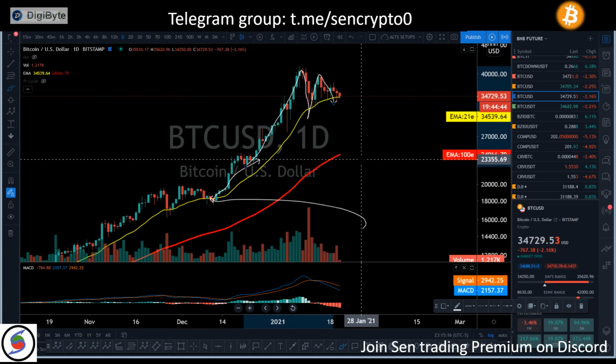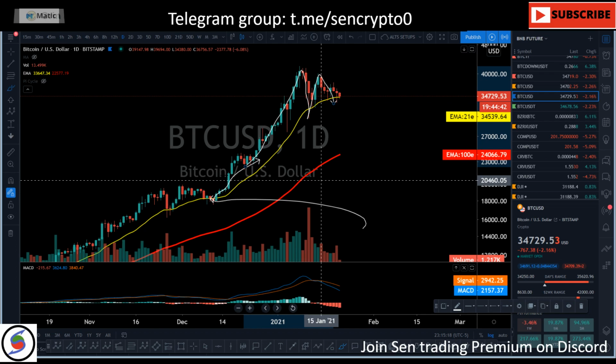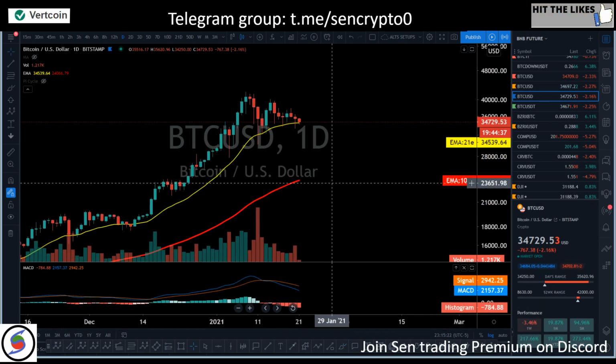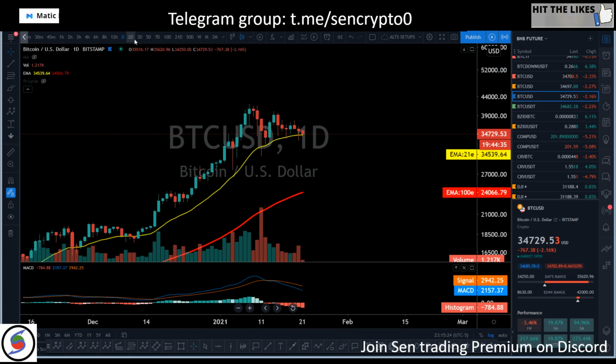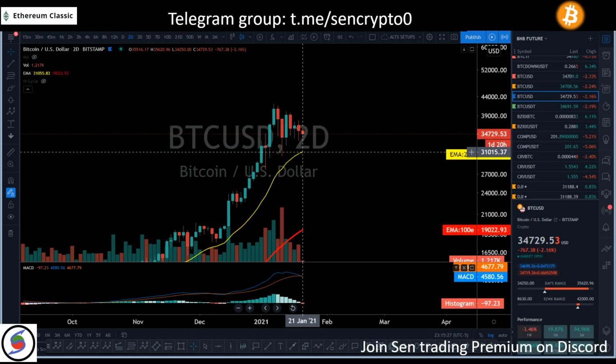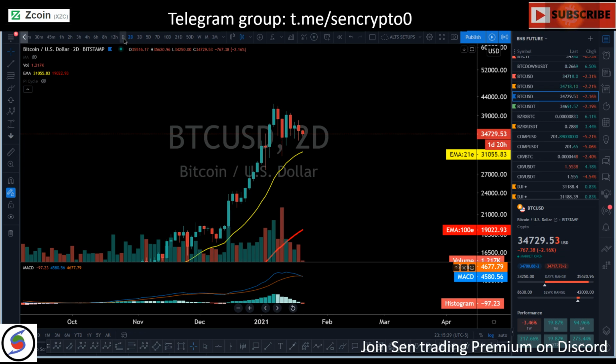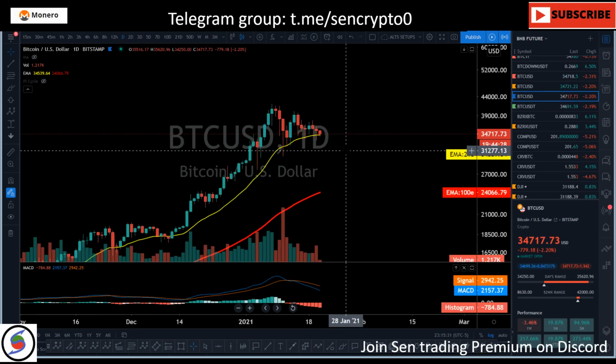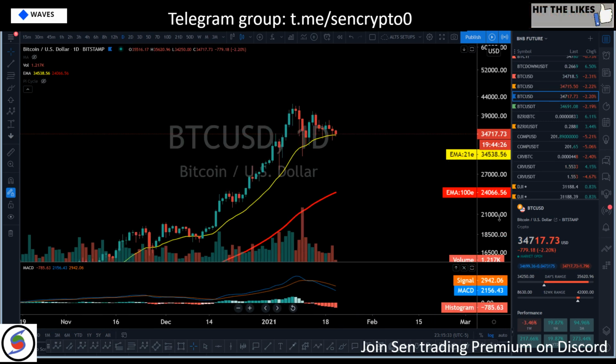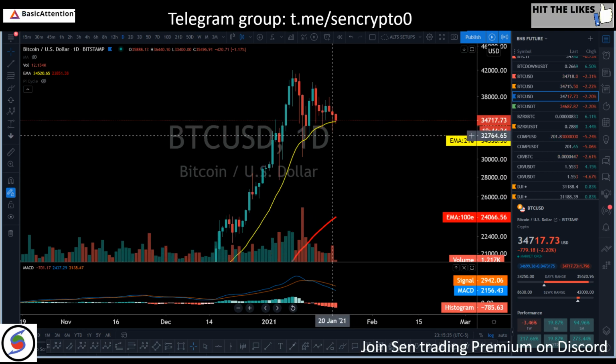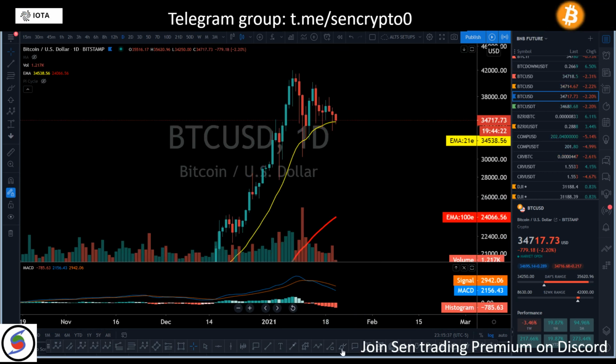So it is now very critical to watch BTC over the next few days, because we are anticipating a potential drop down to the daily 21. However, bulls might not let that happen and let the price dip below the daily 21. The daily 21 is very critical.